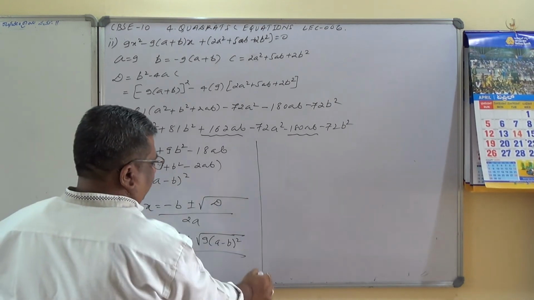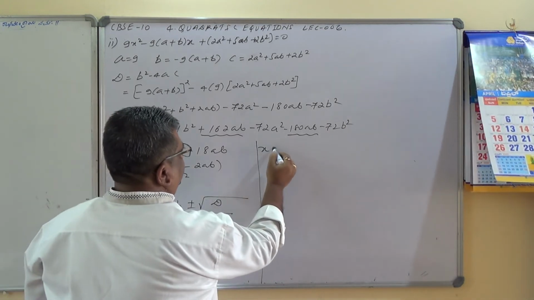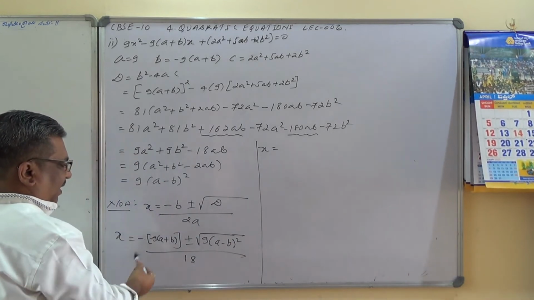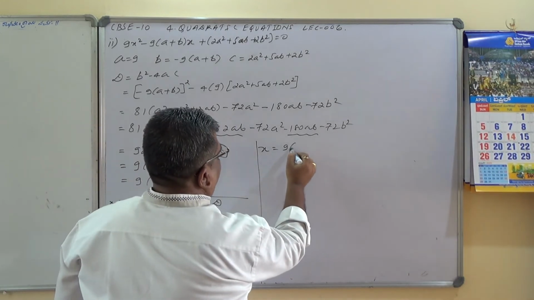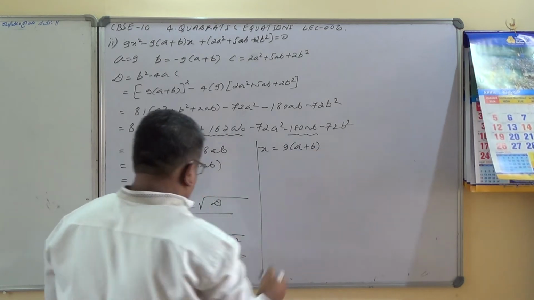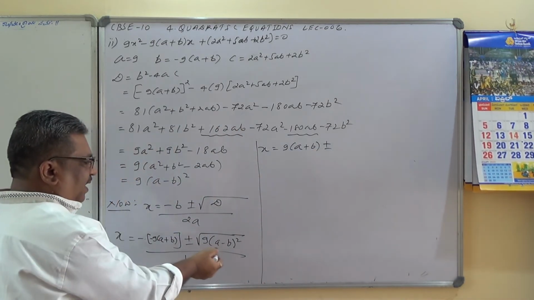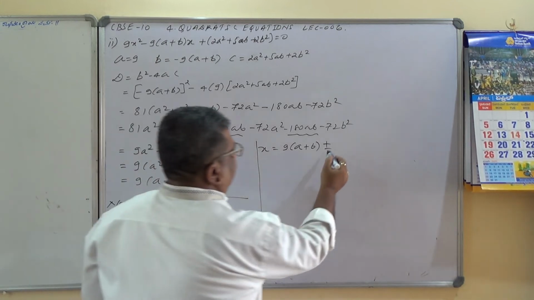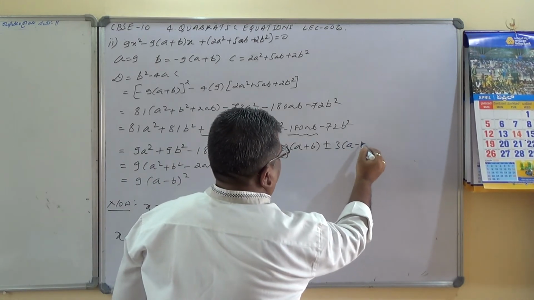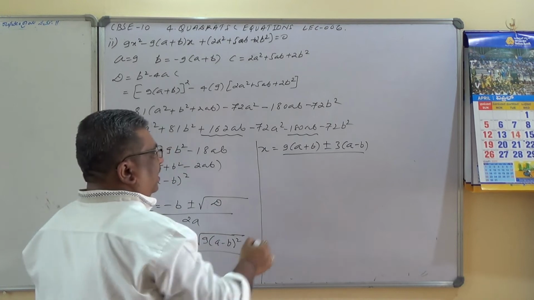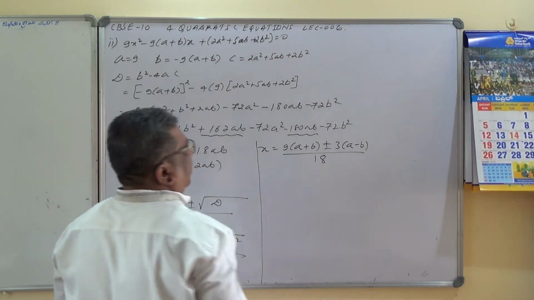So x equals 9(a + b) plus or minus the square root of 9(a − b)², which comes out as 3(a − b), the whole divided by 18.